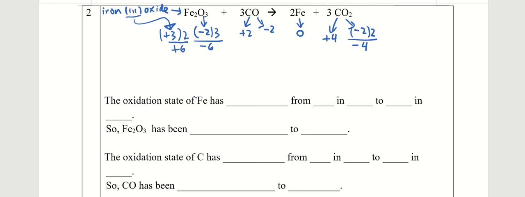Okay, so now that we've assigned all the oxidation states, let us take a look at what has changed. So I'll use a different color. Let's take a look at iron. Iron has changed from an oxidation state of +3 to 0.